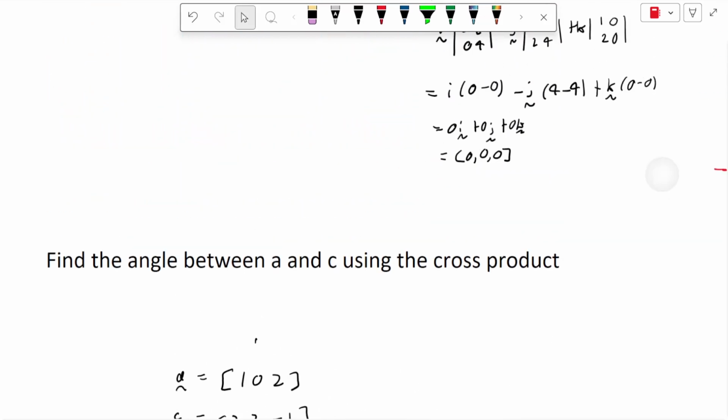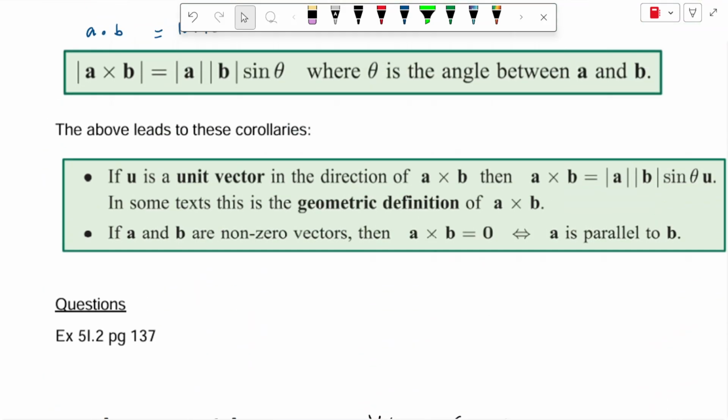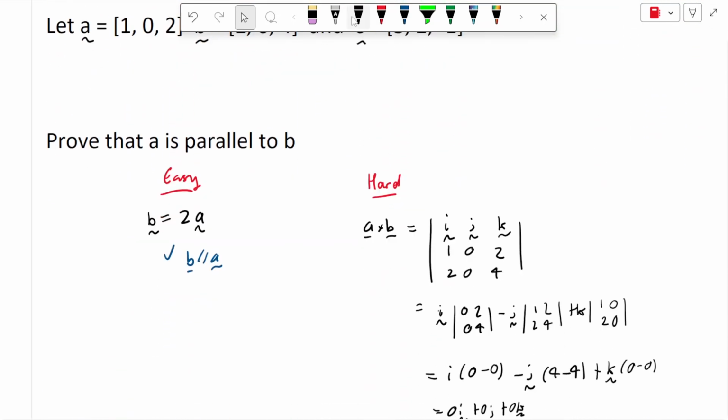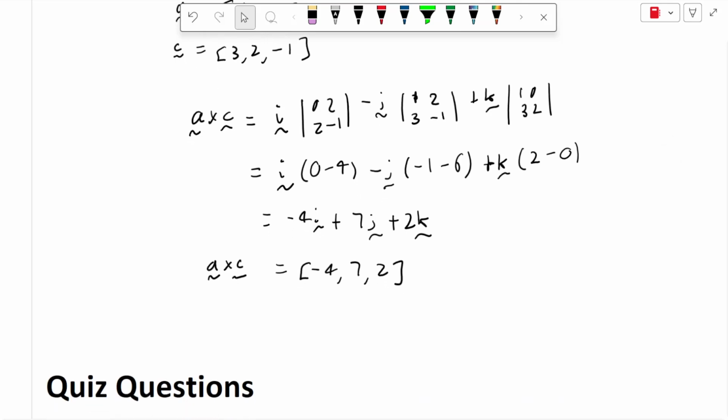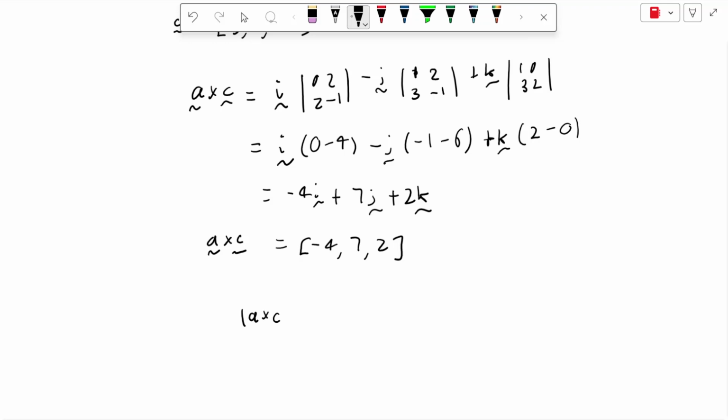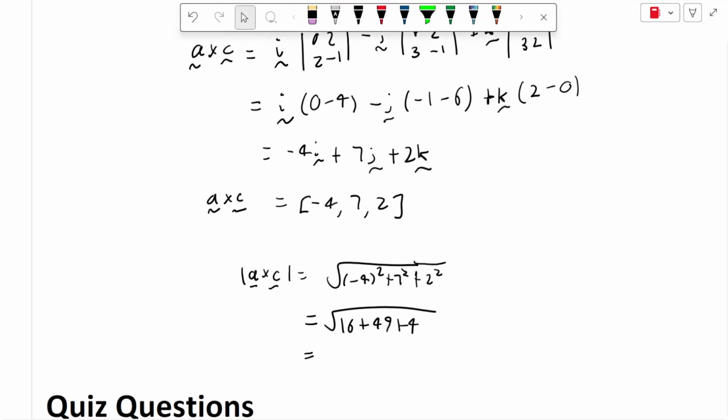Now, next thing we'll need for this angle formula is the modulus of the two vectors crossed together. So if we look at doing mod of A times C, that's going to be the square root of minus 4 squared, 7 squared, and 2 squared. And we can work that out. So that's 16 plus 49 plus 4, which is 69.